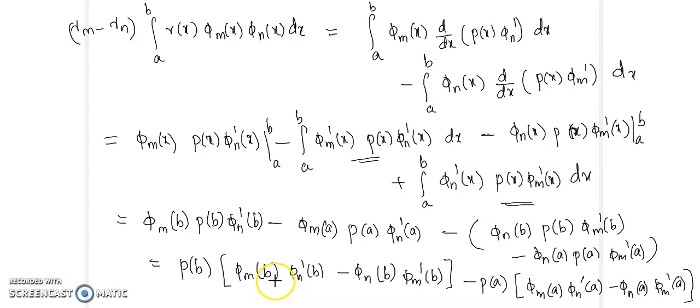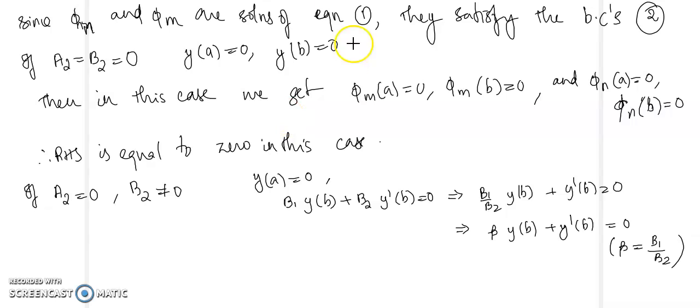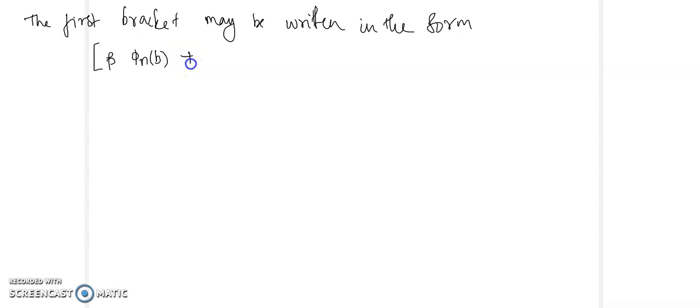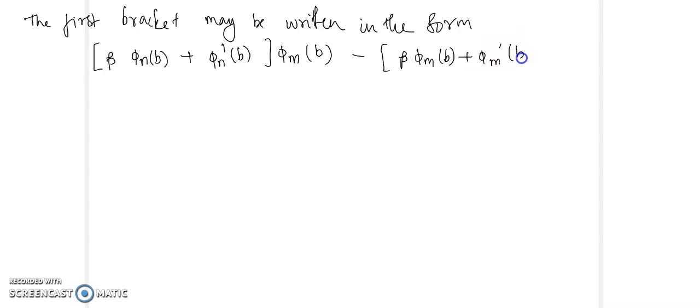The RHS in the first bracket I can write in the form beta phi n of B plus phi n dash of B into phi m of B, minus beta phi m of B plus phi m dash of B into phi n of B. That means I have added and subtracted beta phi n of B into phi m of B.